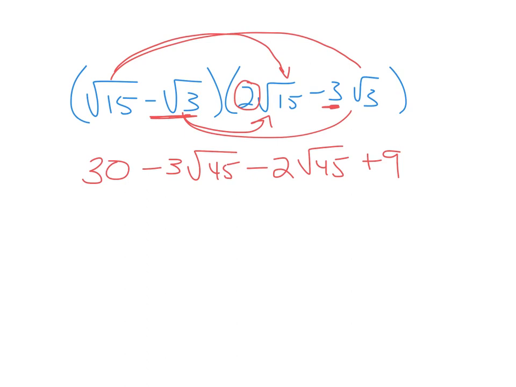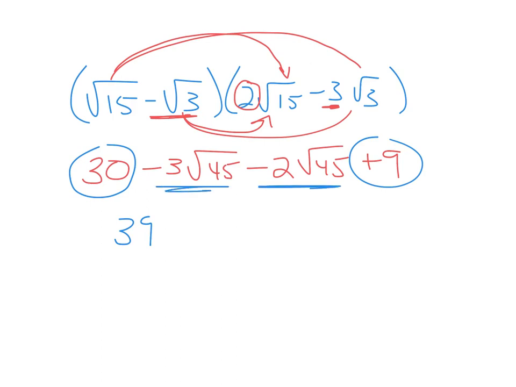And then we can go through and do some simplifying. I know that I can add these two together, so that's going to be 39. And then negative 3 root 45 and negative 2 root 45 is going to give me negative 5 root 45. And I know that 45 can be simplified into 9 and 5.